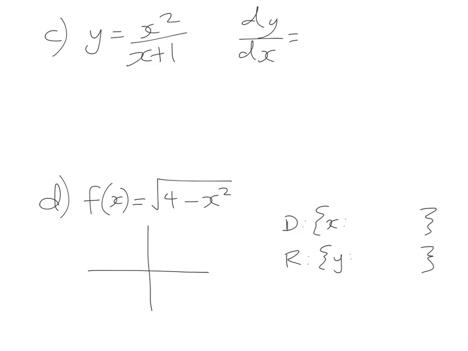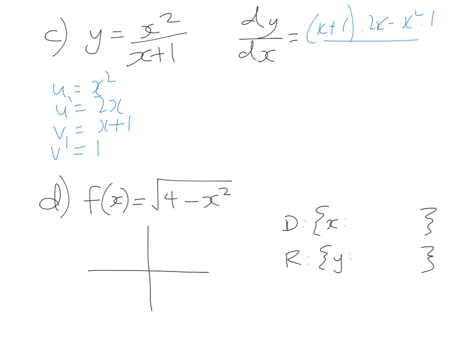Alright, C, we need to differentiate. So it is the quotient rule. So u is x squared, so therefore u dash is 2x. v is x plus 1, so v dash is 1. Okay, so we have v times u dash minus u times v dash all over v squared.